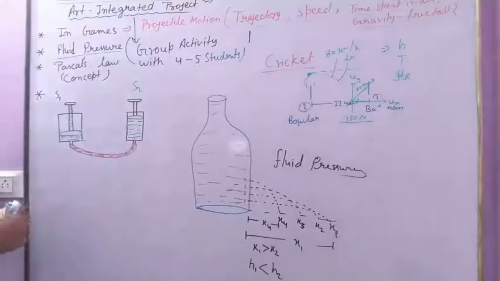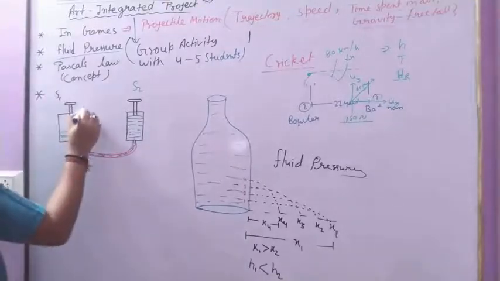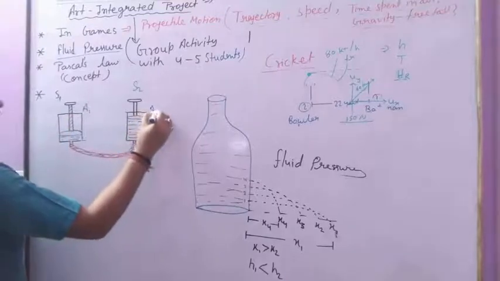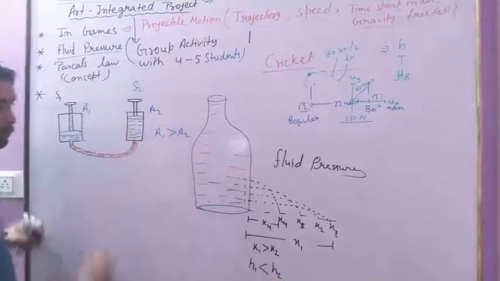Now suppose this is the bigger area A1 and this is A2. Here A1 is greater than A2.